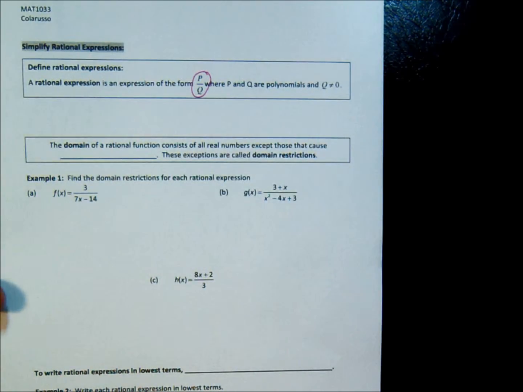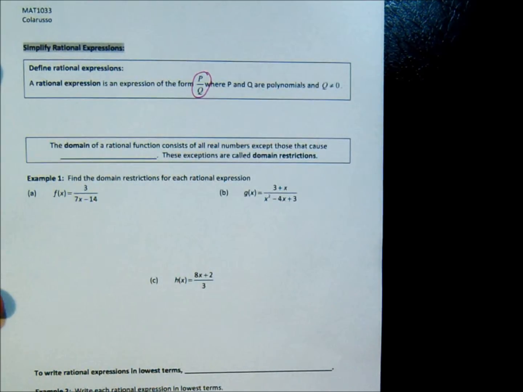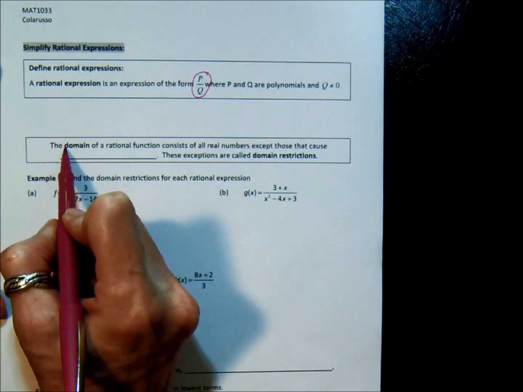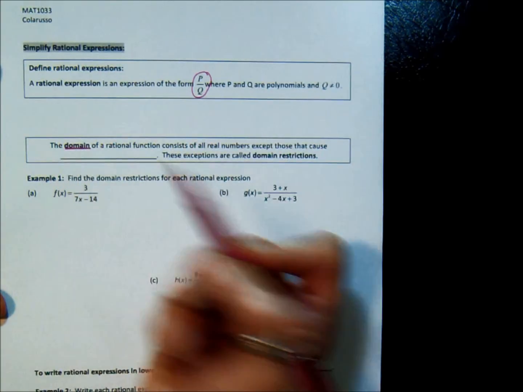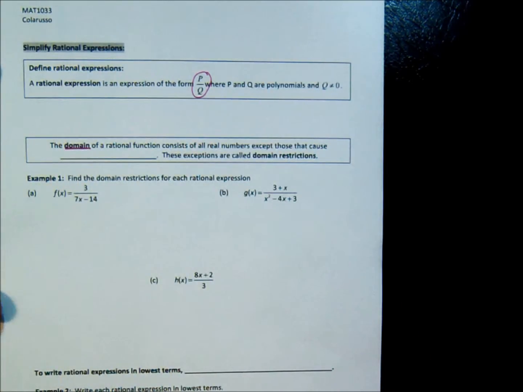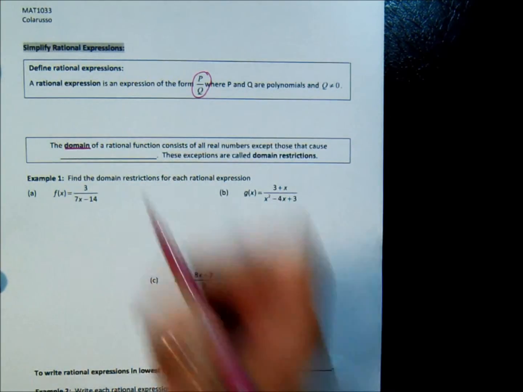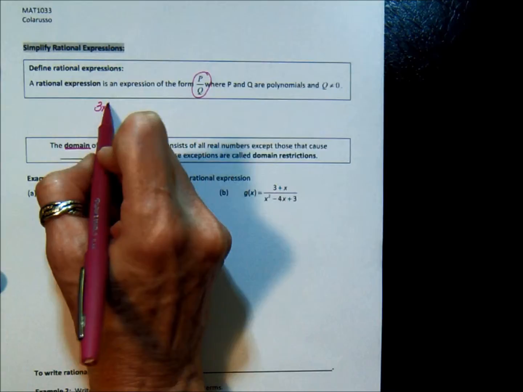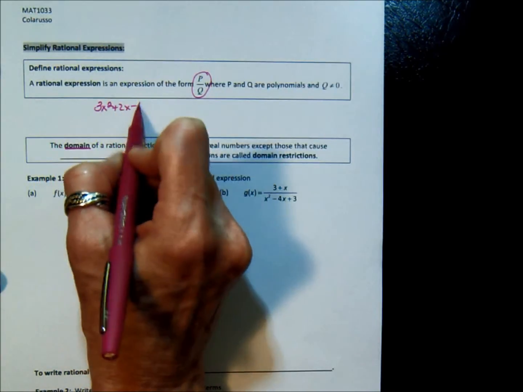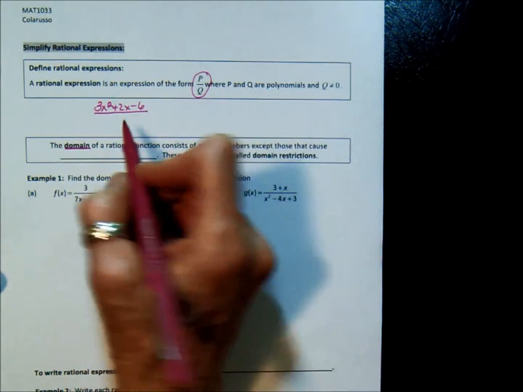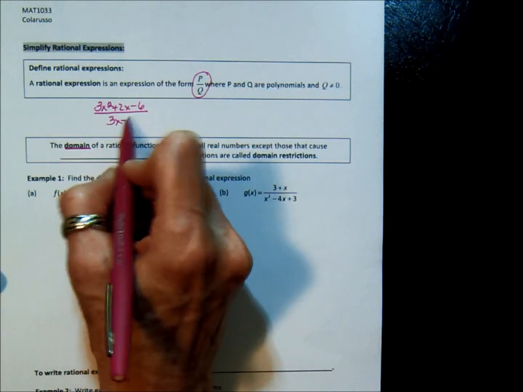Now there's a problem when we begin to talk about rational expressions, and that has to do with the domain of the rational expression. Because there can be a variable in the denominator, let me give you an example. 3x squared plus 2x minus 6 all over 3x minus 5.